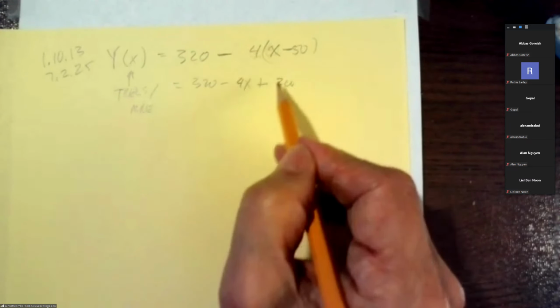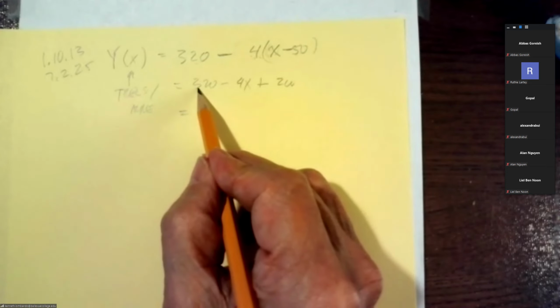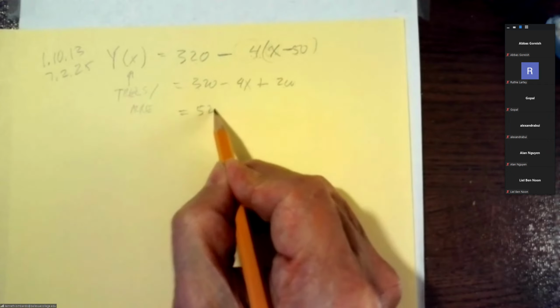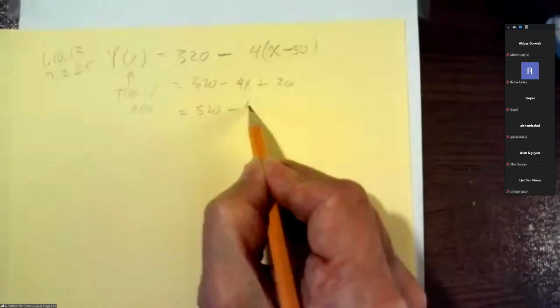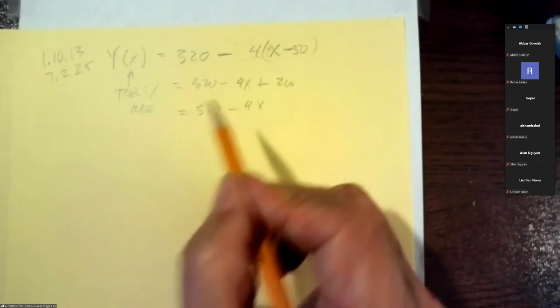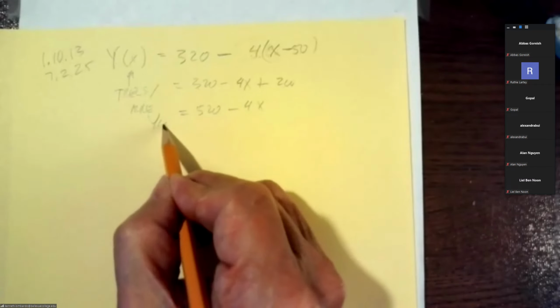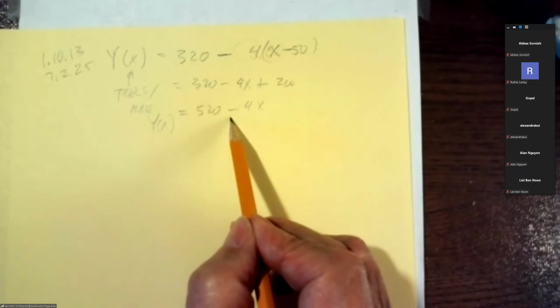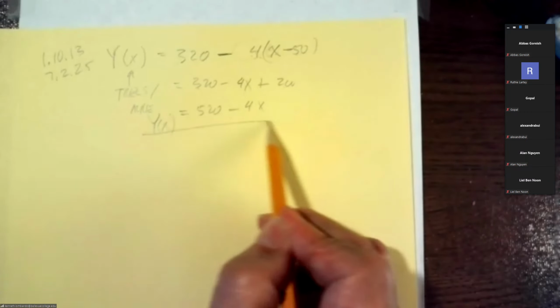Just distribute this negative 4. So 320 plus 200, that's 520 minus 4X. So the yield Y is going to be 520 minus 4X. It'll look like this.